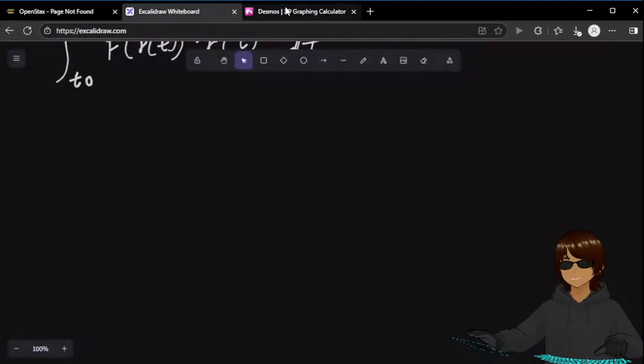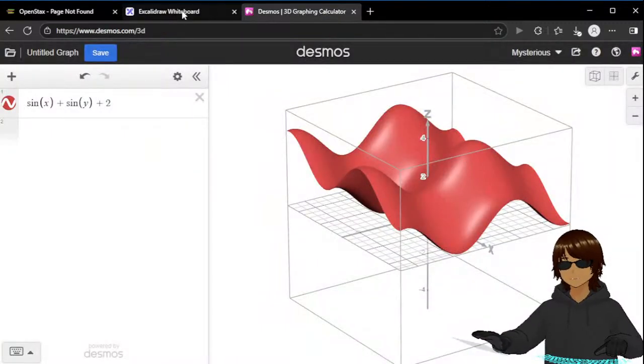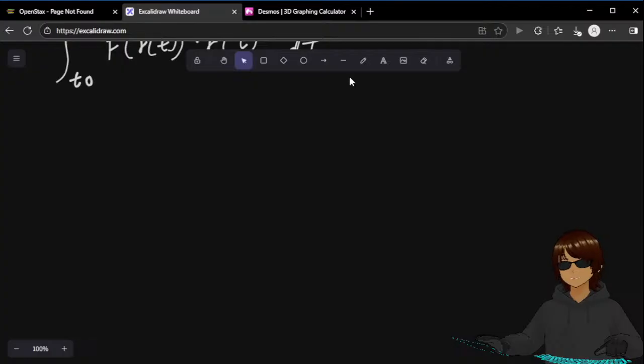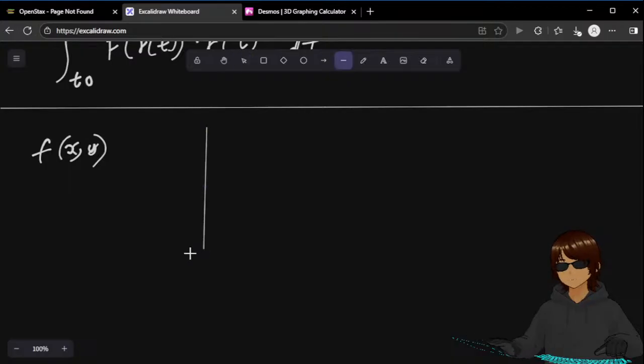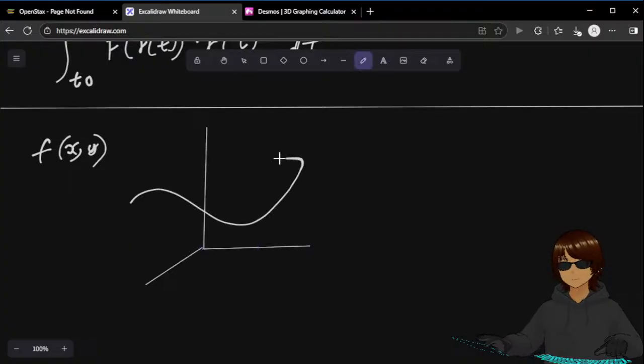A vector field is like the derivative of the graph, the gradient of the graph. So f of x, y is some 3D graph defined over here, right?